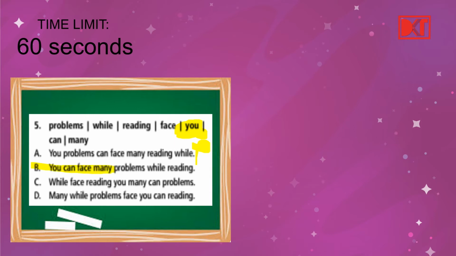So this one's correct. You can face many problems while reading. Now see, while face reading, you many can problems, it's just not making sense. No subject verb object agreement. Then many while problems face. This just gets funnier when you read it. It doesn't make any sense.